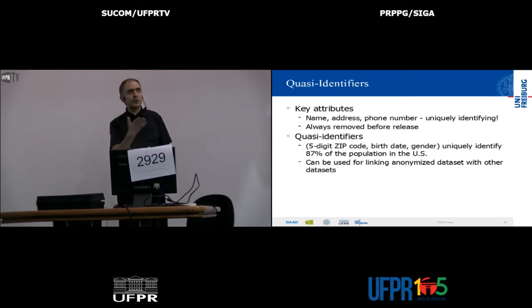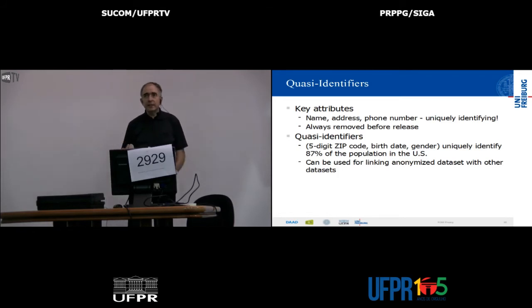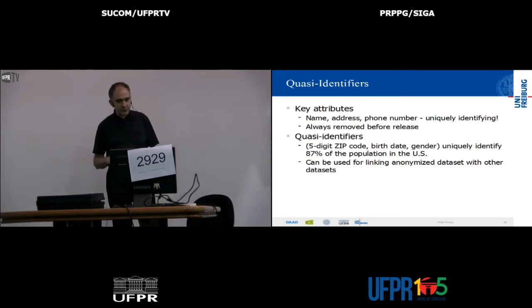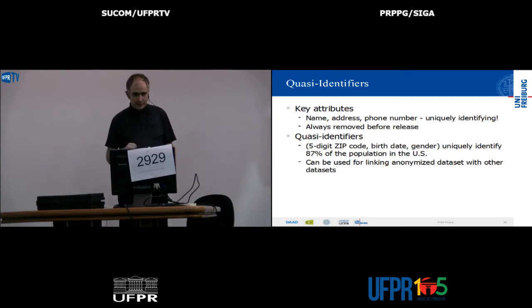And I'm sure the same applies here. Well, this is not specific about the US, but they actually did the computation. On the other hand, birth date is pretty fine over a 100 year time period. Birth date and zip code, and okay, gender, and suddenly you're down to a small number.